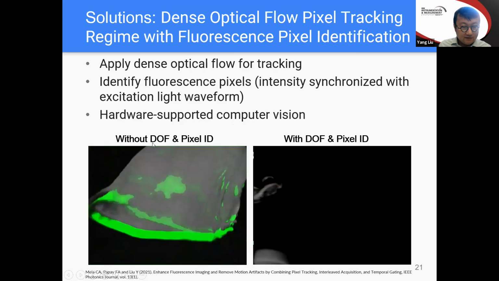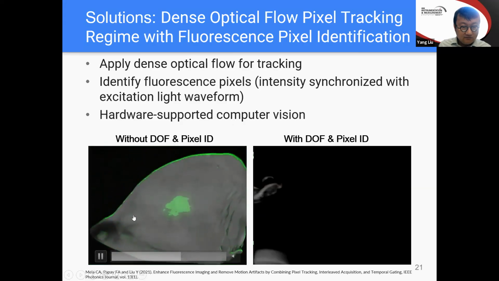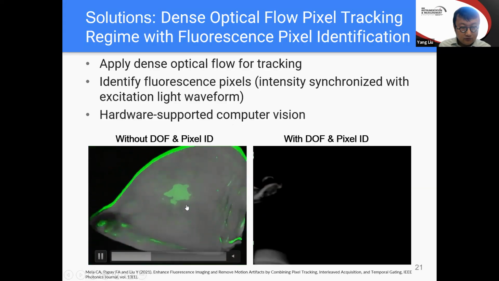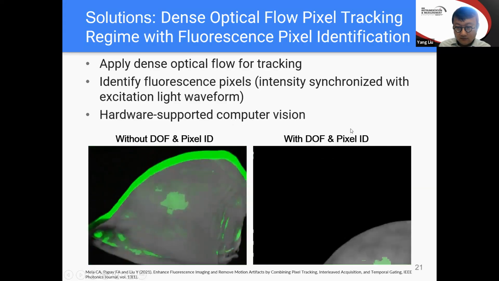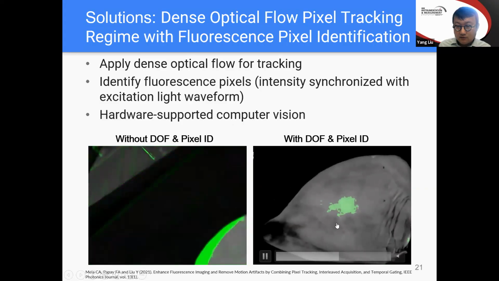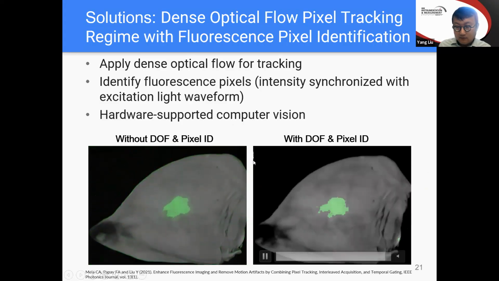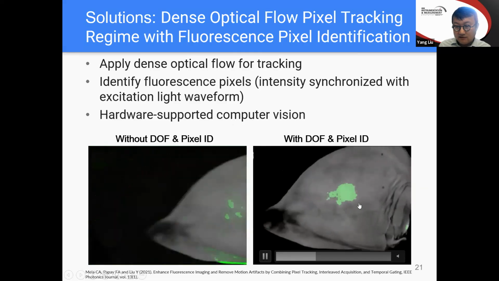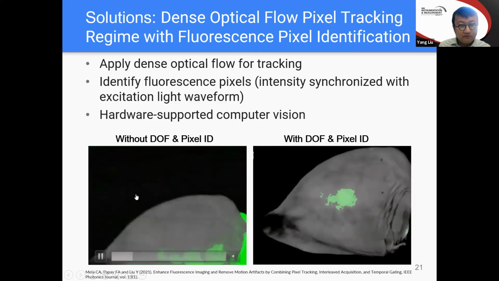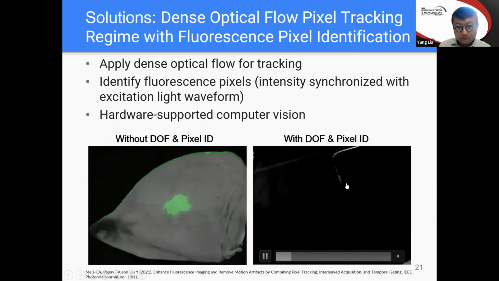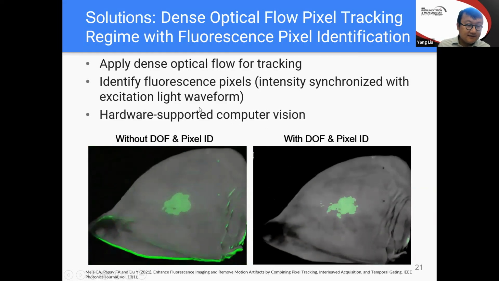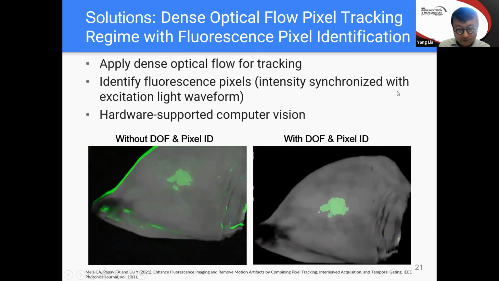On the left is the video without optical flow tracking, and on the right is with pixel tracking and fluorescent pixel identification. You can see that we can remove all the motion artifacts. So this is a nice example of hardware-supported computer vision.